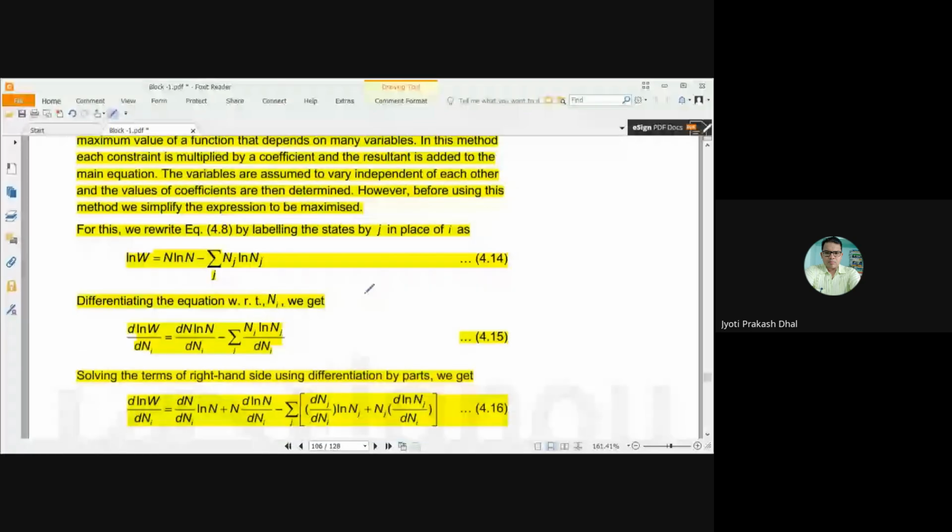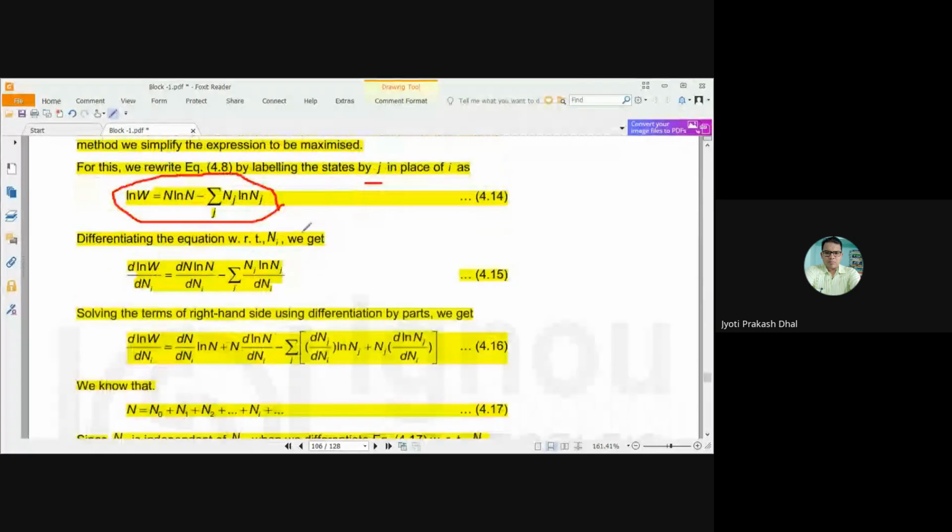So for this, we rewrite equation 4.8 by labeling the state j in place of i. Here we have just changed the label, so equation 4.8 can be written as ln w equals N ln N minus the summation of nj ln nj. Now we will differentiate this equation with respect to ni.